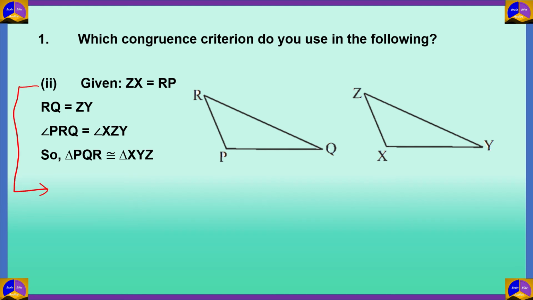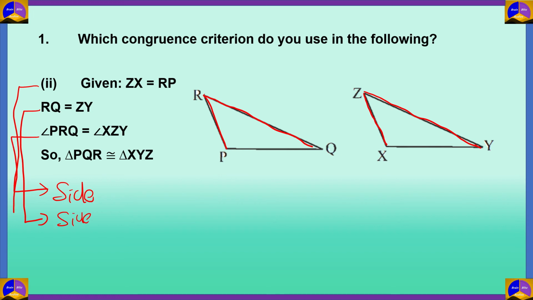The first one, we have ZX is equal to RP. Now ZX and RP are sides, so we write side over here. Now RQ is equal to ZY. RQ and ZY are sides, so we write side over here.